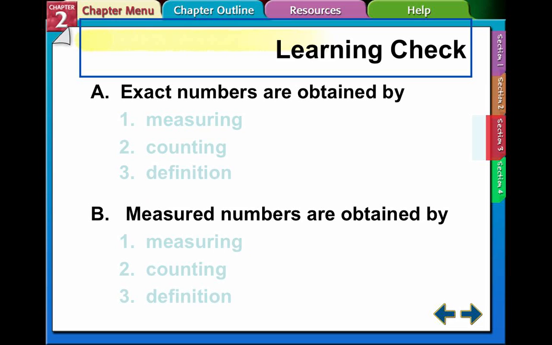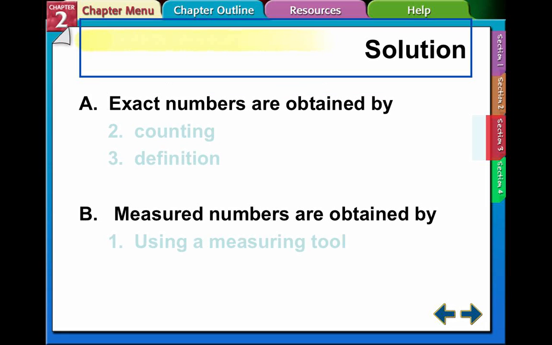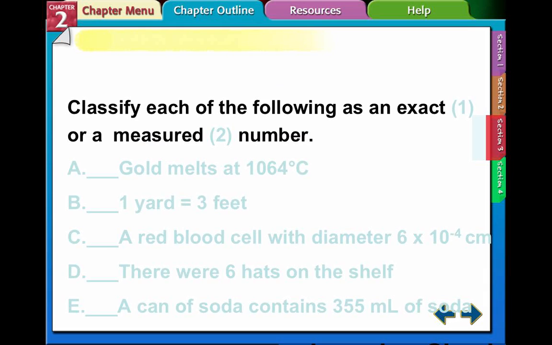Exact numbers are obtained by counting and definition. Measured numbers are obtained by measuring. Classify each of the following as exact or measured numbers.